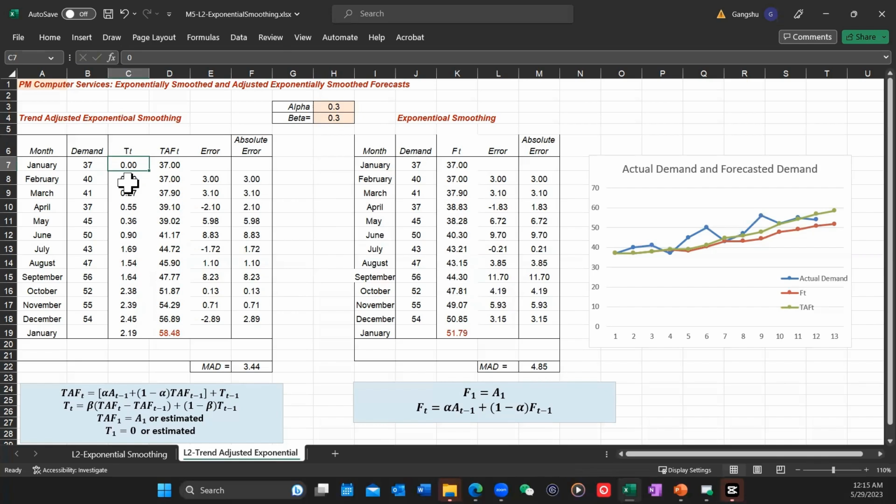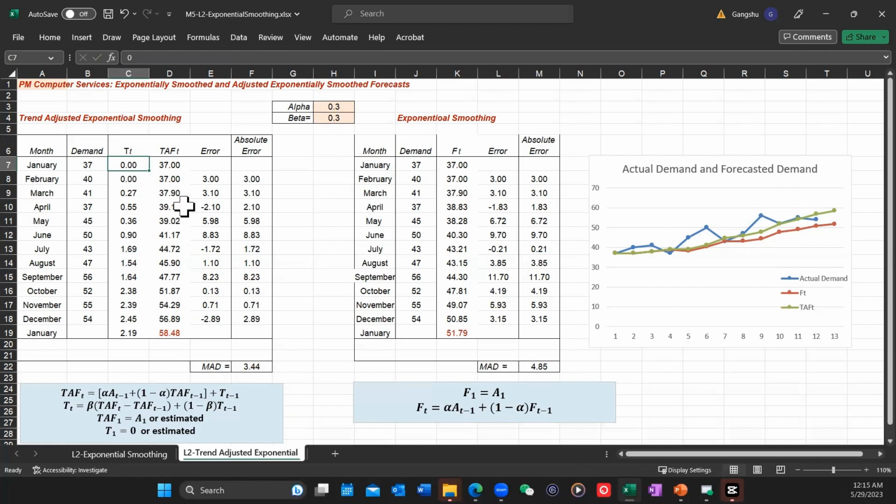And if we take the average value of the trend following this, it seems we can take a higher value than 1, for example, 1.5, right? But before we change the value, let's look at the MAD value here, which is 3.44. So if we set the trend value at 0, we get a MAD value of 3.44.